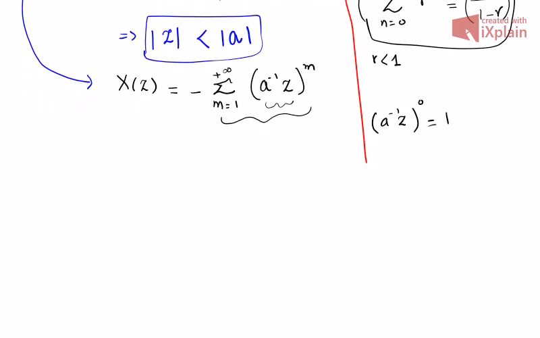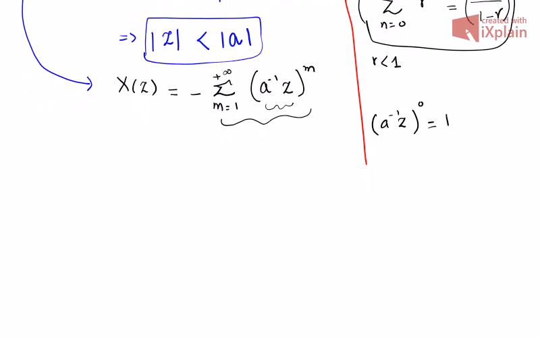So let me add and subtract a 1 to this summation. I'll write z to the power 1, and add and minus 1, and then we have a summation m equals 1 to plus infinity a raised to the power minus 1 z raised to the power m.